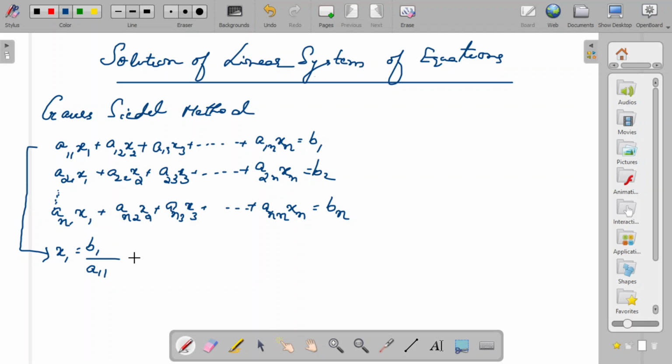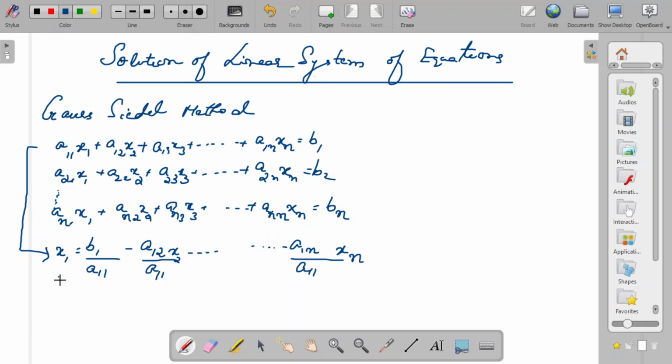So minus a12 divided by a11 times x2. This goes on, and the final term will be minus a1n divided by a11, then xn.